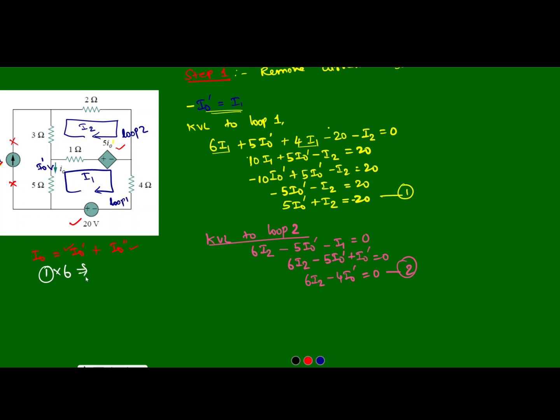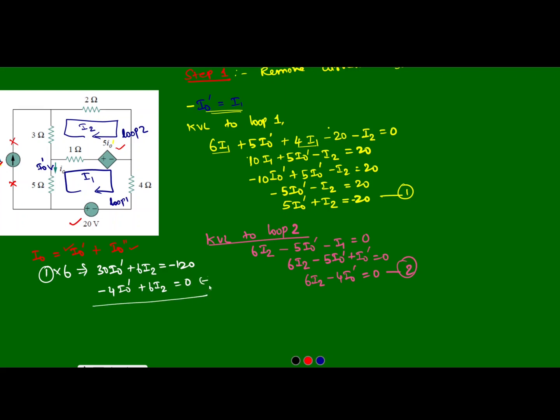So the equation 1 will become 30 I0 dash plus 6 I2 is equal to minus 120. The equation 2 we can write as it is: minus 4 I0 dash plus 6 I2, which is equal to 0.